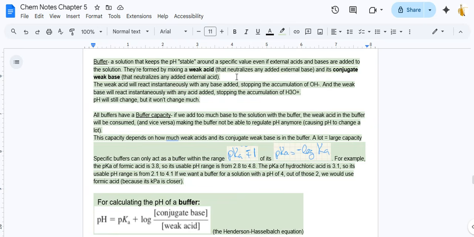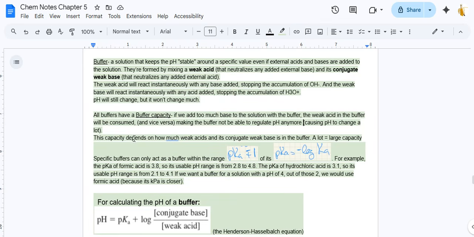Vice versa too, if you add too much external acid to the solution with the buffer, all the weak base will be used up. And so there's no more buffer. So pH won't be regulated anymore.